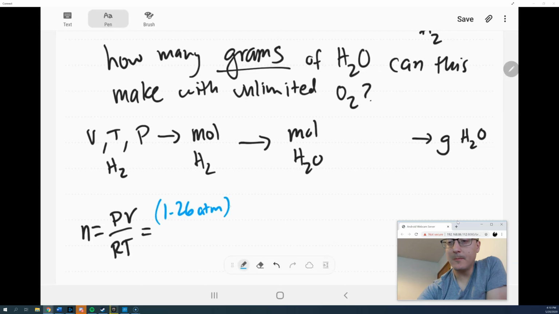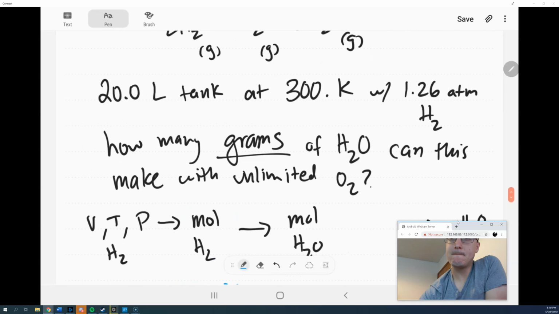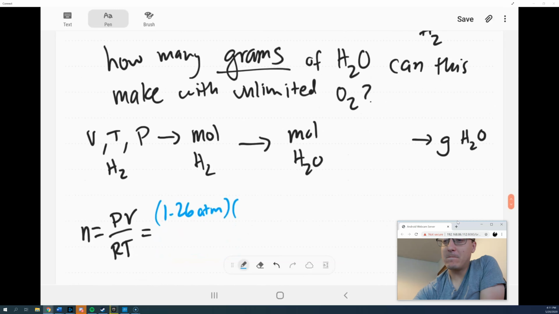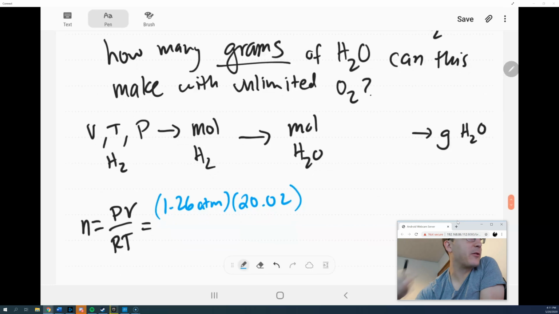And our volume? 20-liter tank, yeah. Yeah, I just keep scrolling up so we can see the problem again, Zoe, that's why.